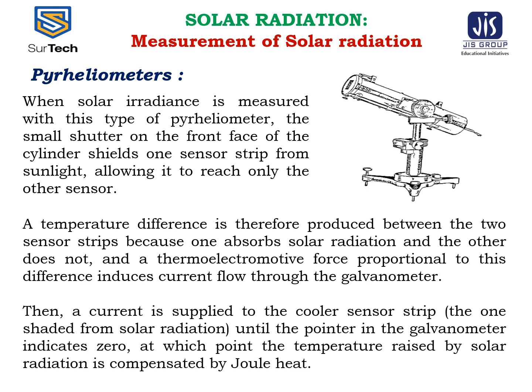Then a current is supplied to the cooler sensor strip, the one shaded from the solar radiation, until the pointer in the galvanometer indicates 0, at which point the temperature raised by the solar radiation is compensated by the Joule heat.